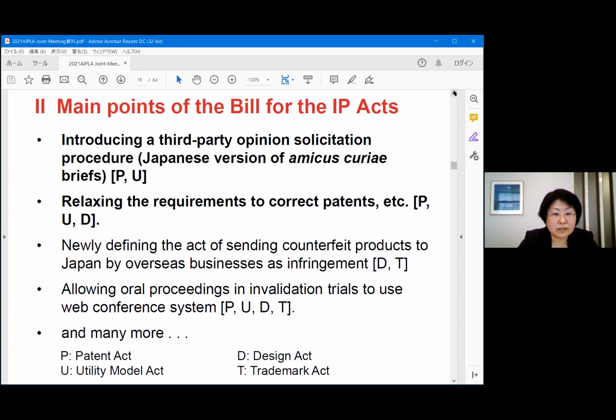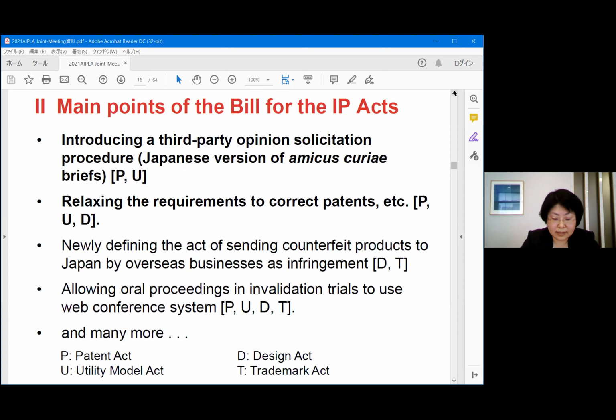Specifically, it newly defines the act of sending counterfeit products to Japan by overseas businesses as infringement. The fourth one is a web conference system for JPAA oral hearings, which allows oral proceedings in invalidation trials to use a web conference system, and many more.